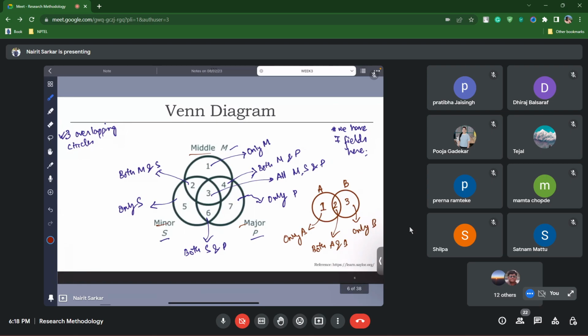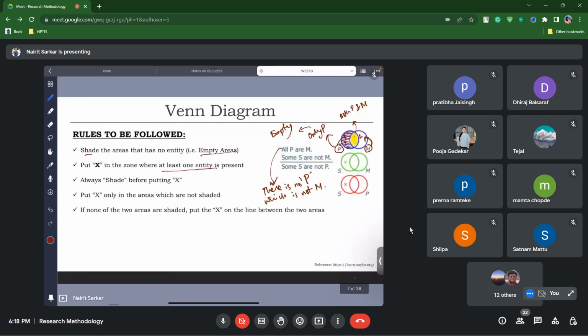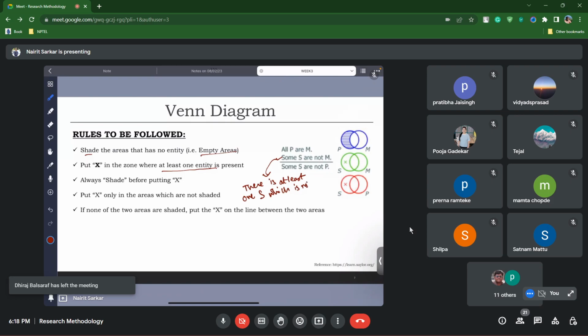So in this case, some S are not M. There is at least one S which is not M, right?